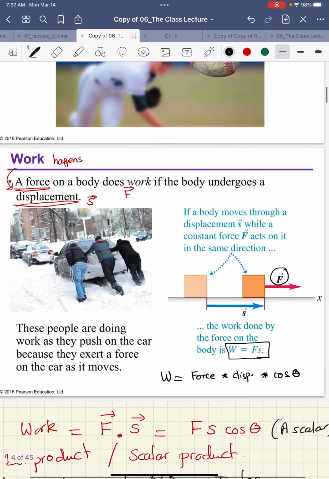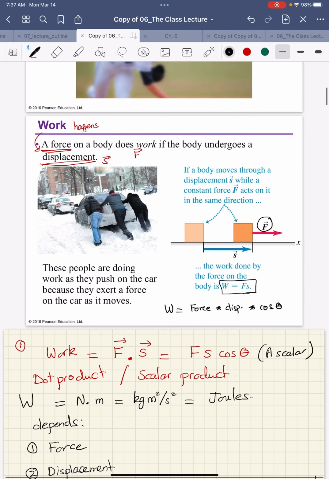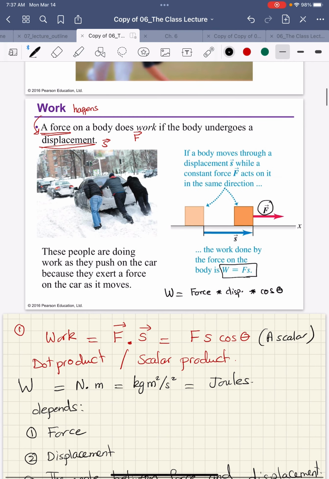Every time you want to calculate the work, you should worry about the magnitude of the force, the magnitude of the displacement, and cosine of the angle between them. Work is a scalar quantity because it results from the dot product of F dot S.